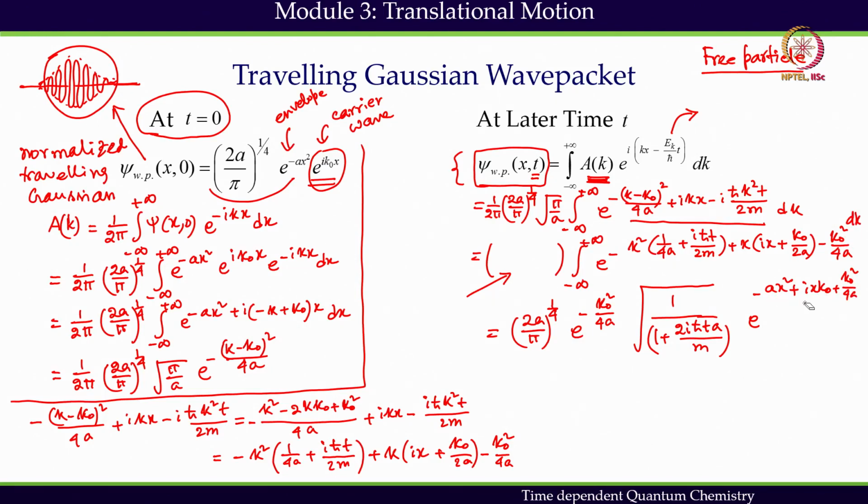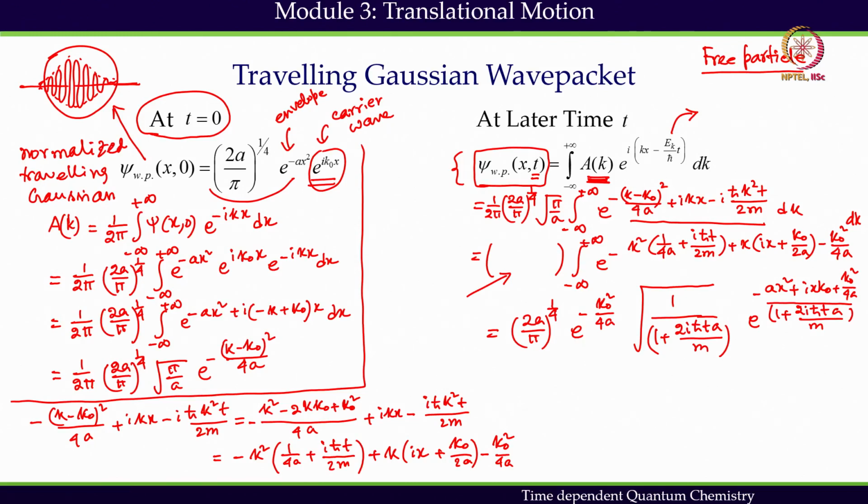So, I have this one divided by this 1 plus 2i h cut t a by m. This is the exponential function we have.